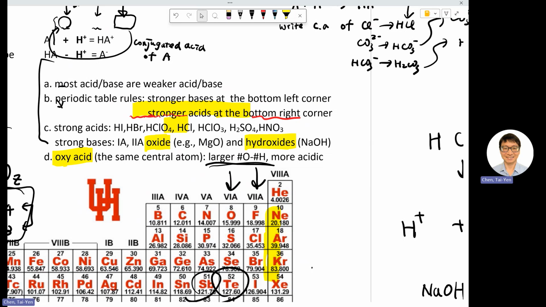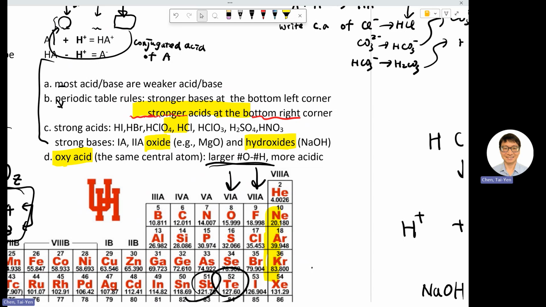Rule number 2: we only have 7 strong acids, where the strongest one is HI, then HBr, HClO4, HCl, HClO3, H2SO4, HNO3. Those 7, you need to memorize the order. For the strong bases, we need to know the 1A and 2A oxides or hydroxides.